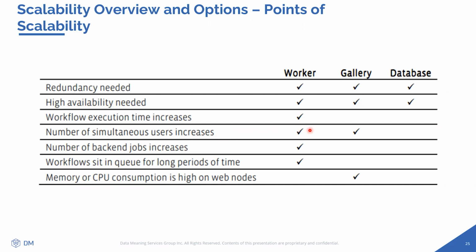So you need to scale the worker and the gallery. If the number of backend jobs increases, you need to scale the worker. Workflow sitting in queue for long periods of time, you need to scale the worker. Memory or CPU consumption is high on the web nodes. That means that you have a lot of traffic on the gallery, right? So then you need to scale the gallery.